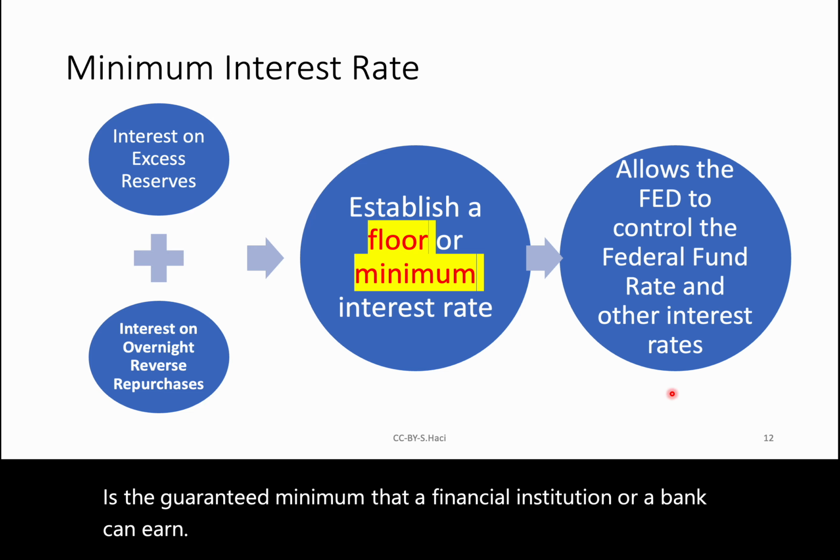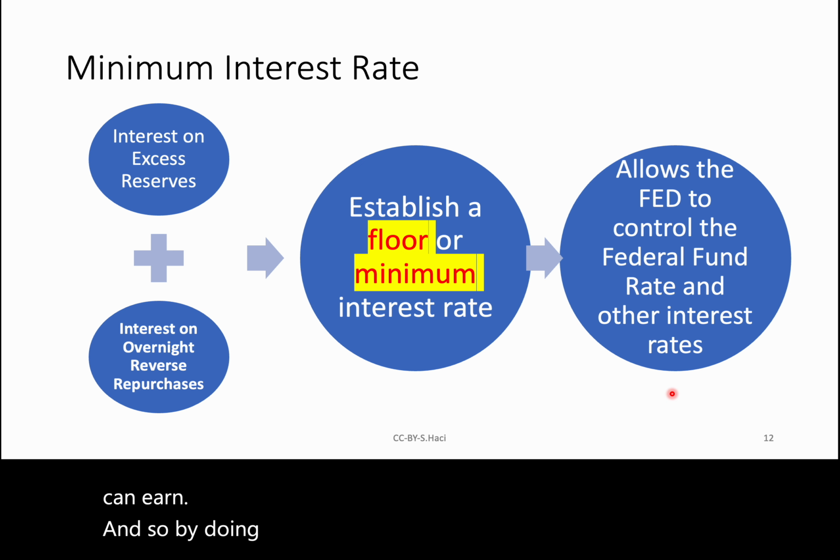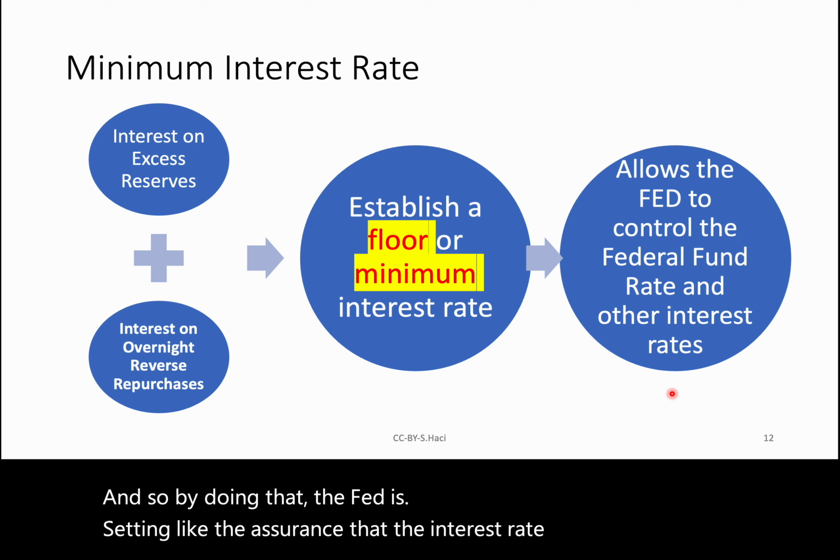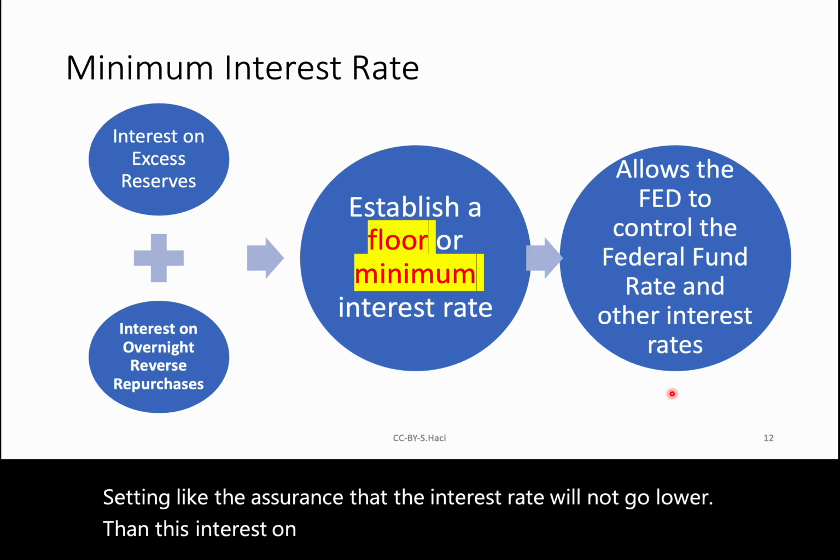Right? And so by doing that, the Fed is setting the assurance that the interest rate will not go lower than this interest on excess reserves or the interest on overnight reverse repurchases.